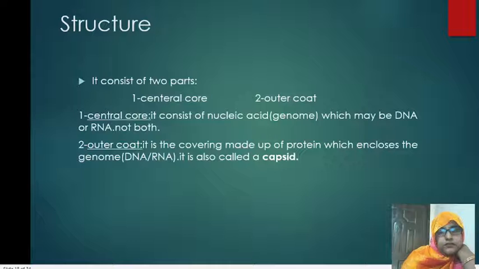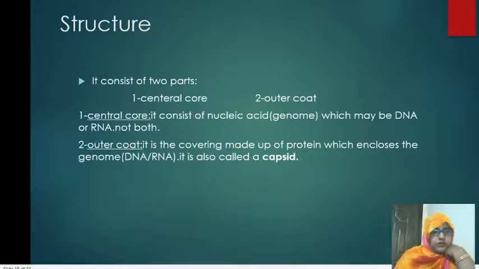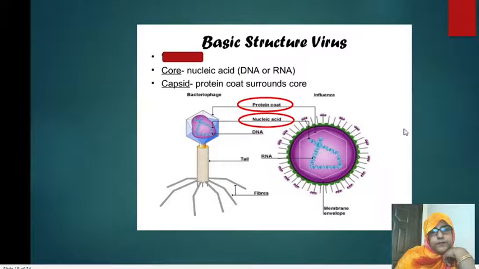Then, moving toward the structure, it consists of two parts, a central core and an outer coat. The central core consists of nucleic acid, called the genome, which may be DNA or RNA, not both. Both cannot be present at one time.